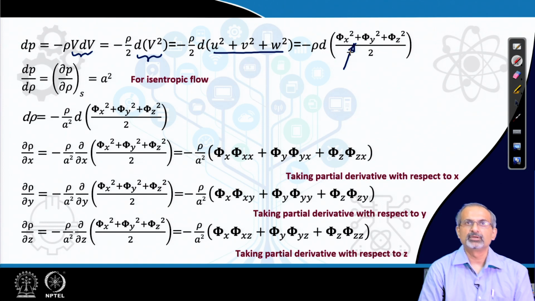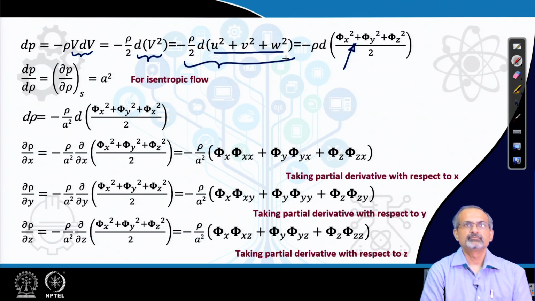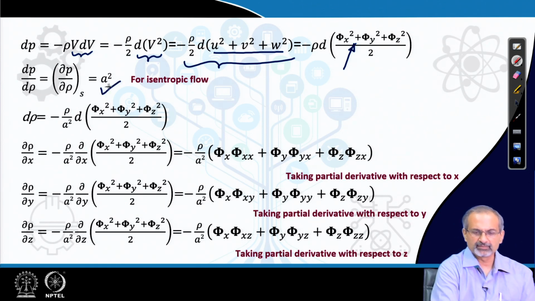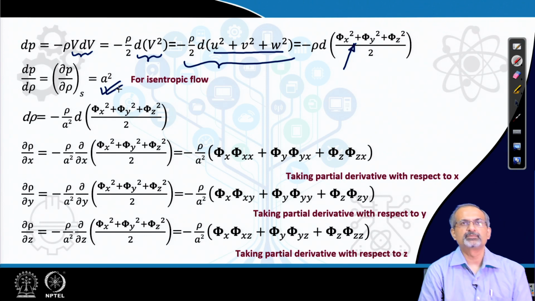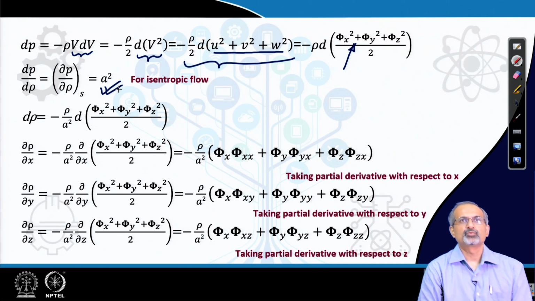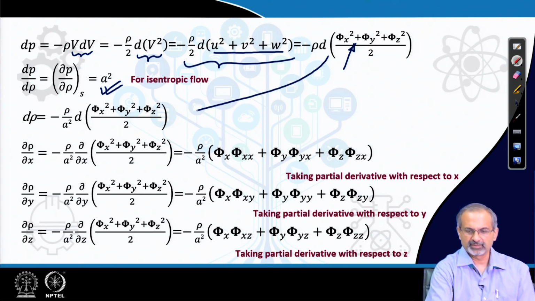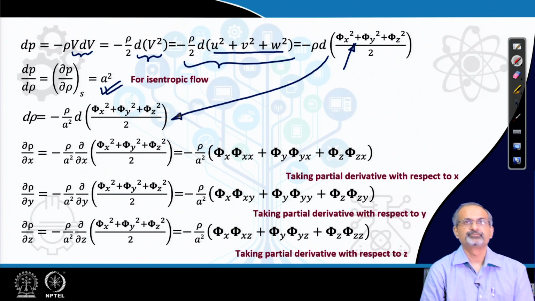So, that gives you the expression here. We further know that the square of the speed of sound is given by del p del rho for isentropic conditions. So, we invoke that, and based on that, we can write this equation in a form like this.